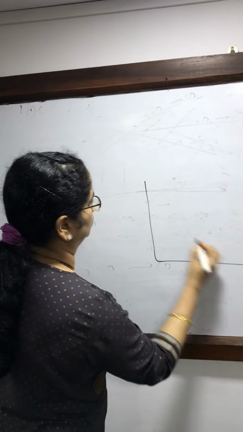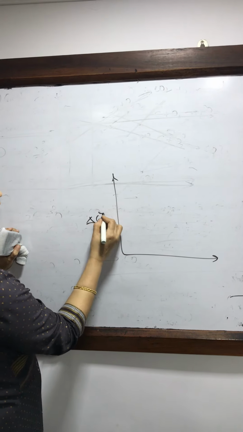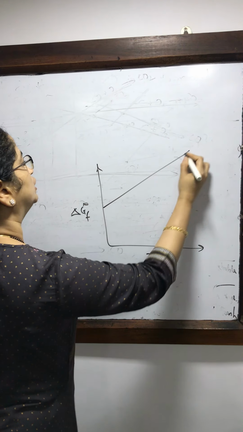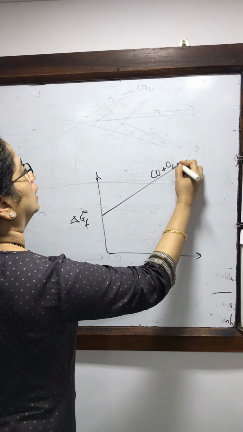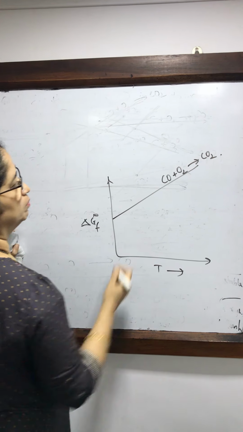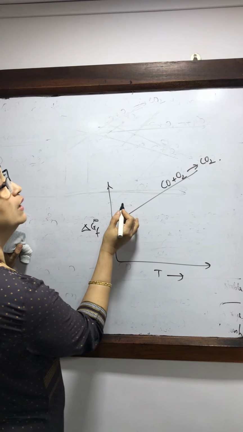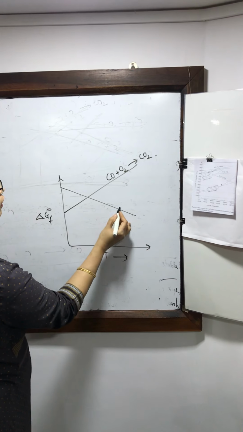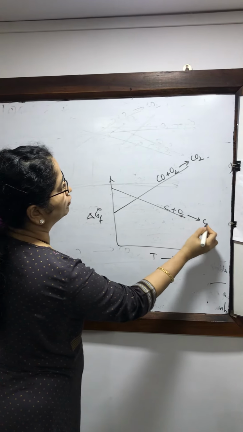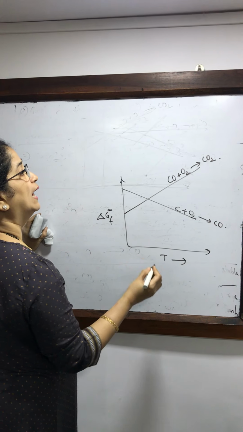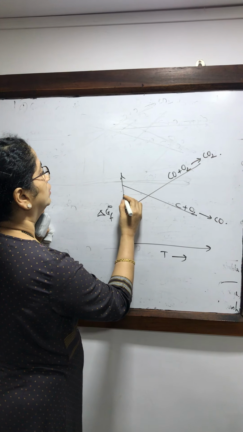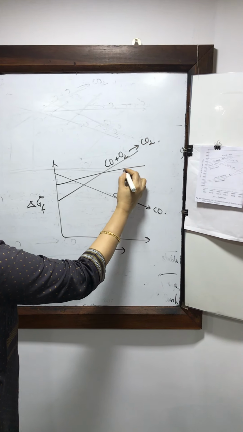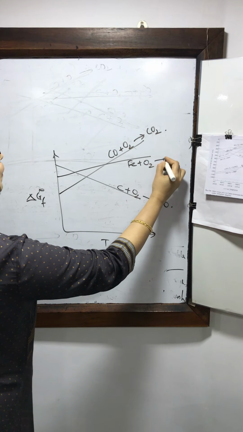This is delta G naught F. This is temperature. This is formation of carbon dioxide from carbon monoxide. This is the graph which is in the downward direction for the formation of carbon monoxide, and this is the graph for formation of iron oxide.